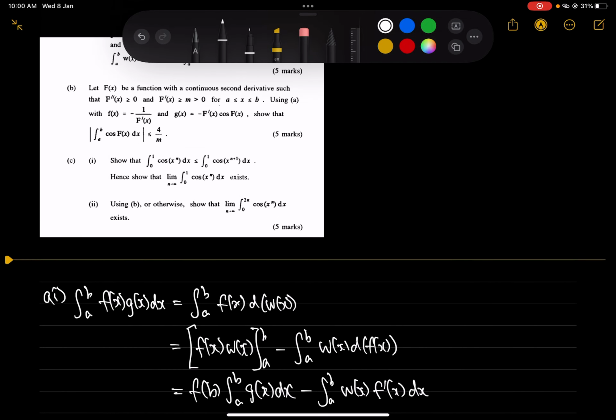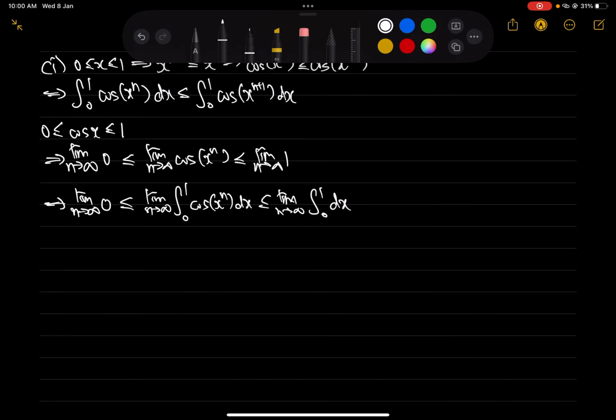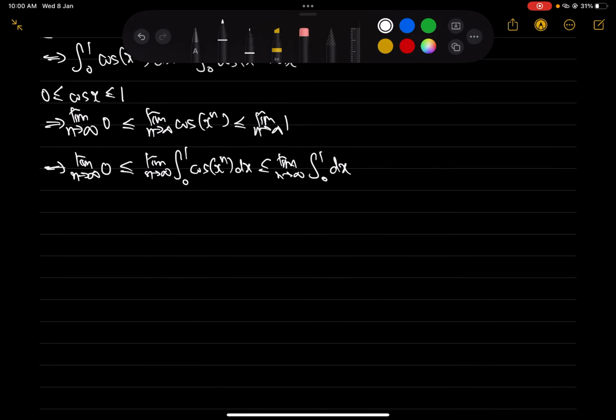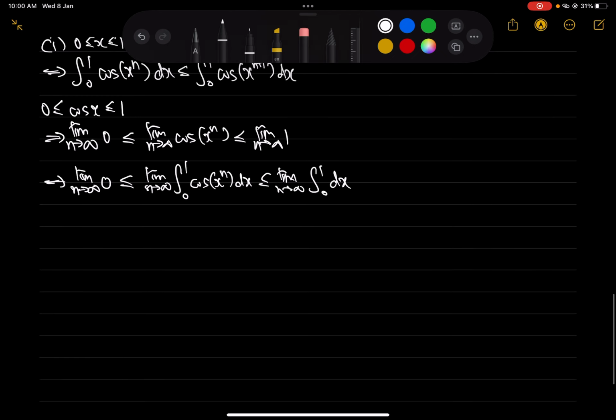Okay, so now we could have, which means 0 is less than this limit, which is less than 1.